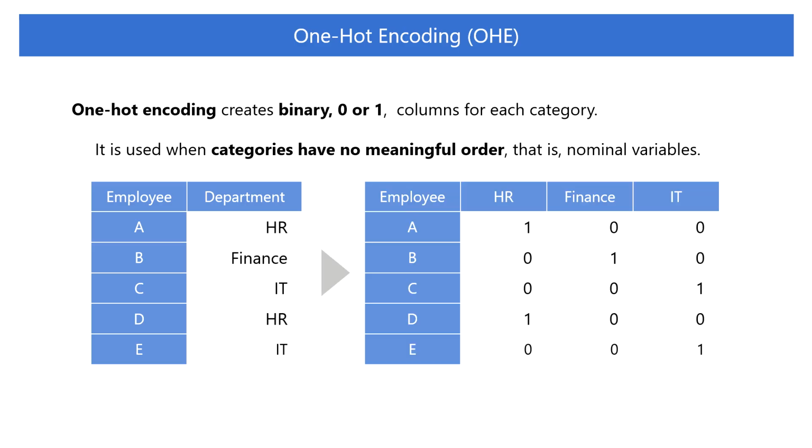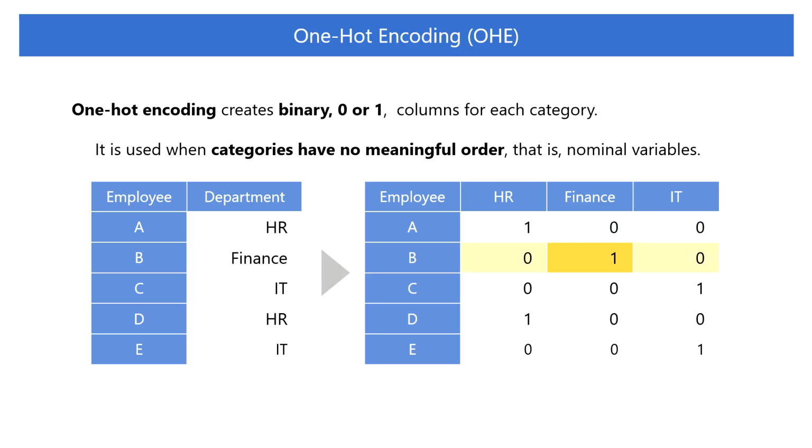Now, each category is represented by a separate column, where 1 indicates the presence of the category and 0 indicates absence. Columns labeled HR, Finance, and IT each represent a specific category using binary values. If only the HR column has a value of 1, it represents HR.